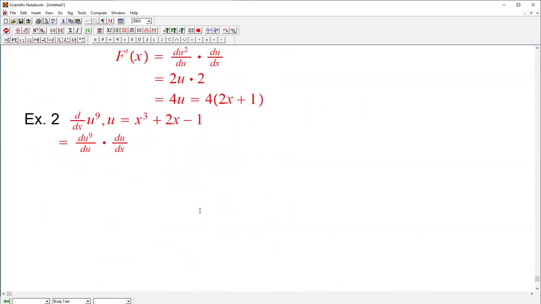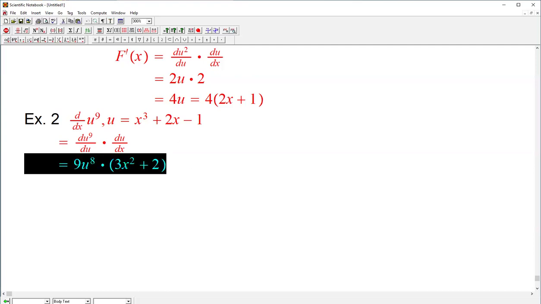So we basically use our proof in the simplified version, and we get the derivative of u to the power 9, which is 9 u to the power of 8. Then we differentiate u with respect to x, and that gives us 3 times x squared plus 2, and minus 0, of course.